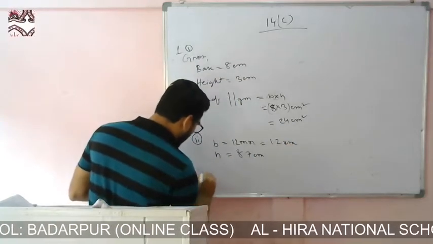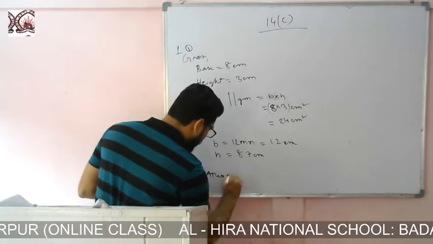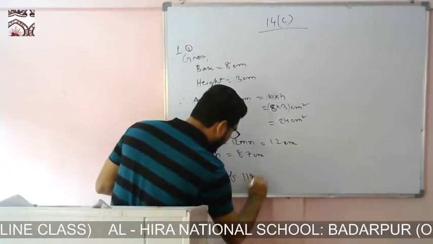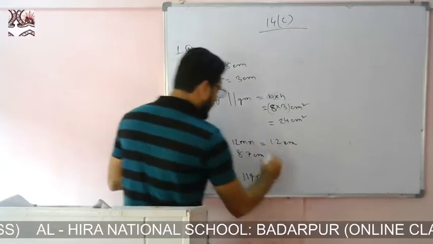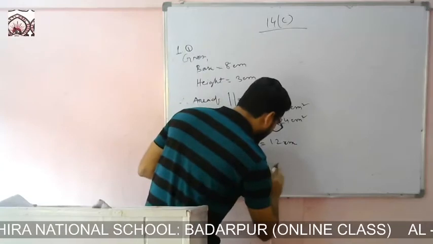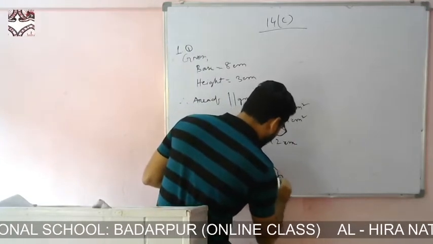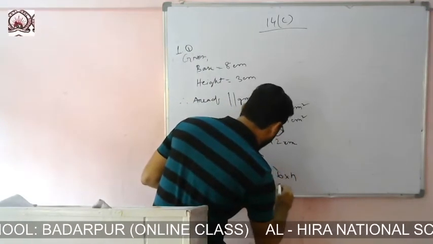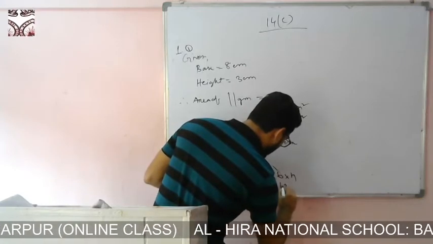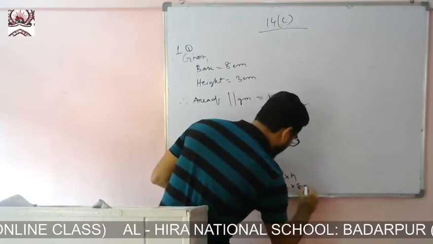Now, therefore, area of parallelogram will be base into height. That means 1.2 into 8.7.